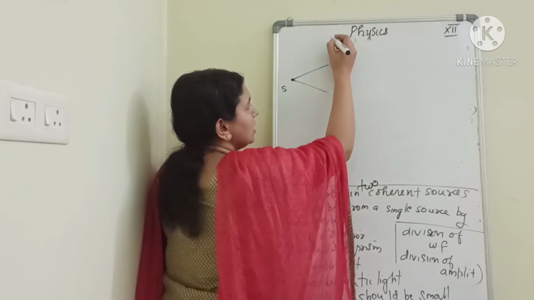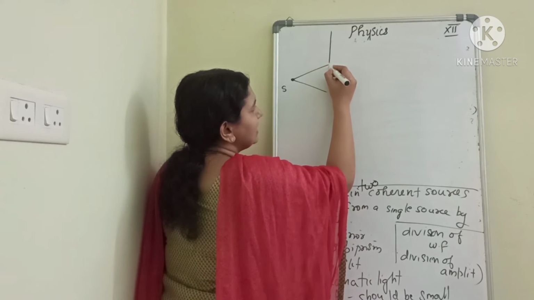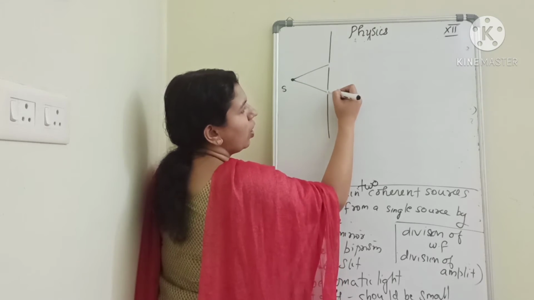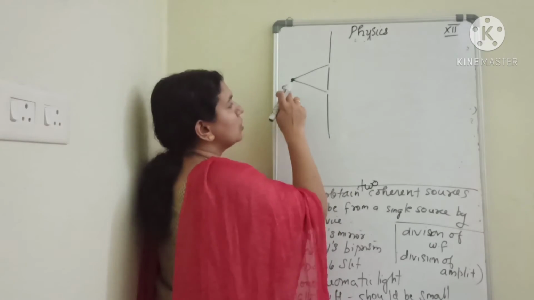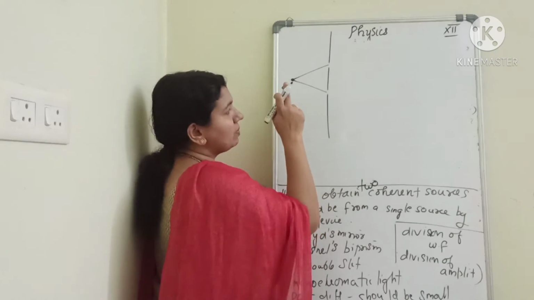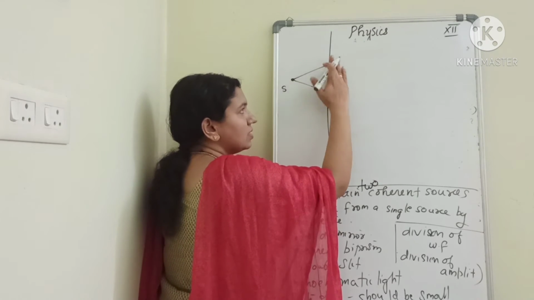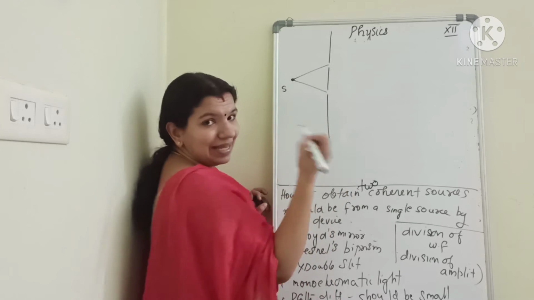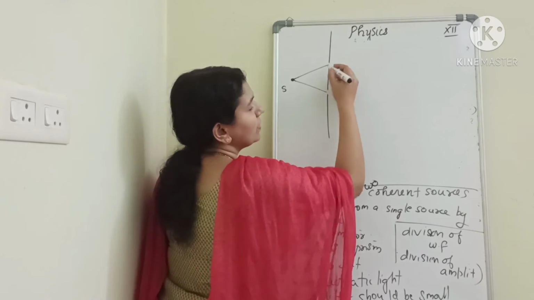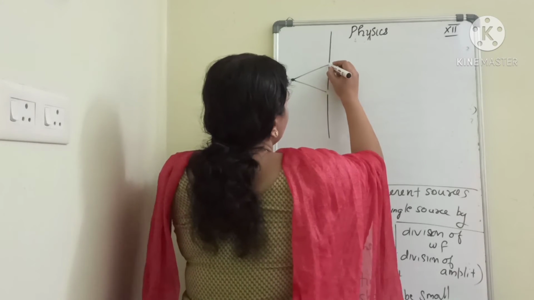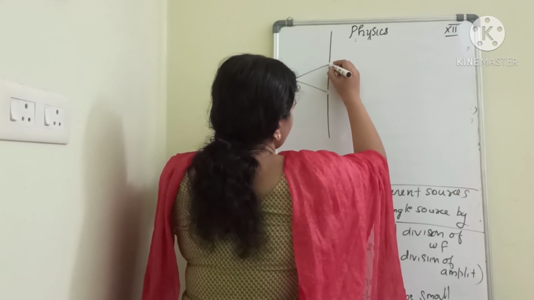We will use two small slits there. Slits, small holes. Okay. So it should start from a single source. That is the first condition. And when it is passed through these fine slits, we will obtain the beams, and then what will happen? It will move like this.